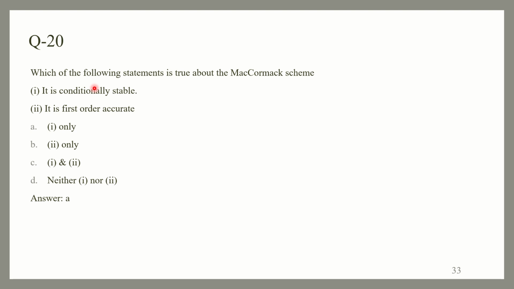So here we are imposing a criterion on time step size based on the Reynolds number and the Courant delta t CFL limit. So it is conditionally stable. We need to follow the time step size based on that requirement. So the first statement is only right.